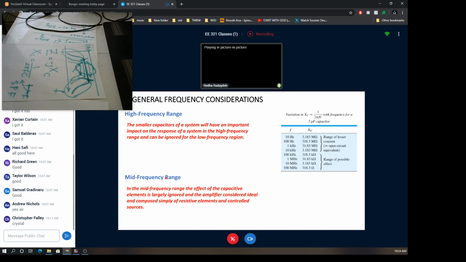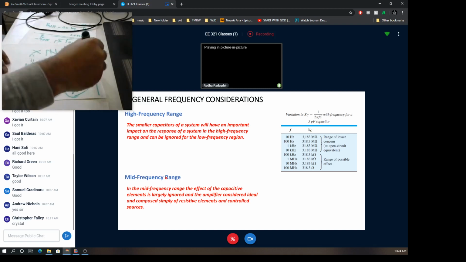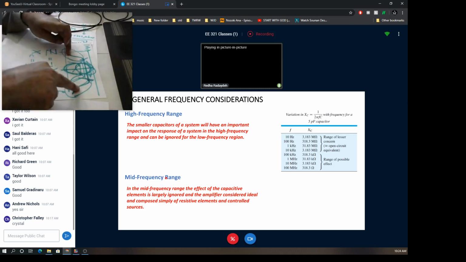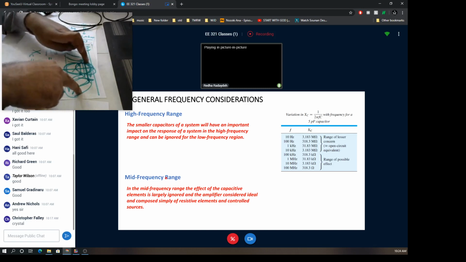Why? Because we neglected them based on our adjustment of the input frequency of the signal to be amplified. That frequency was exactly in the mid-range. So we didn't consider the effect of external capacitors and internal capacitors because we were working here in the mid-band.